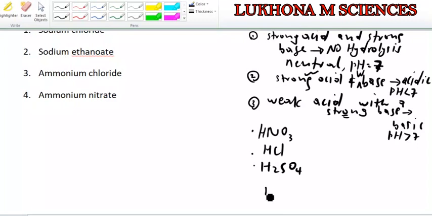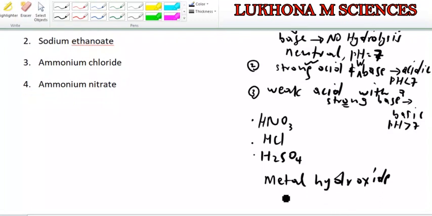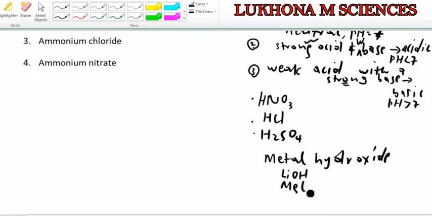A metal hydroxide is a strong base. For example, lithium hydroxide is a strong base. Magnesium hydroxide is a strong base.